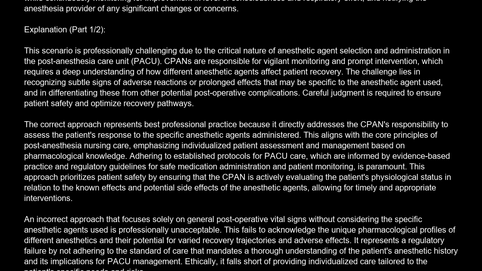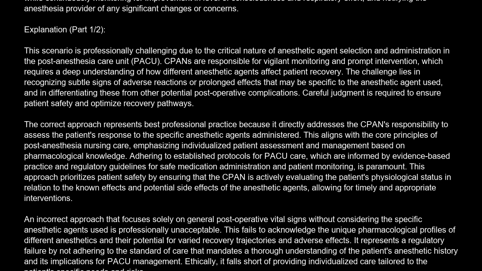The correct approach represents best professional practice because it directly addresses the CPAN responsibility to assess the patient's response to the specific anesthetic agents administered. This aligns with the core principles of post-anesthesia nursing care, emphasizing individualized patient assessment and management based on pharmacological knowledge.